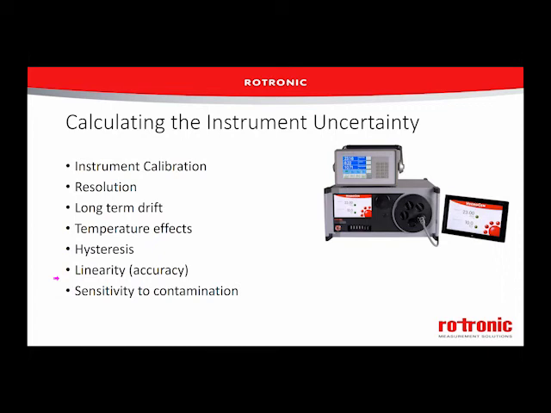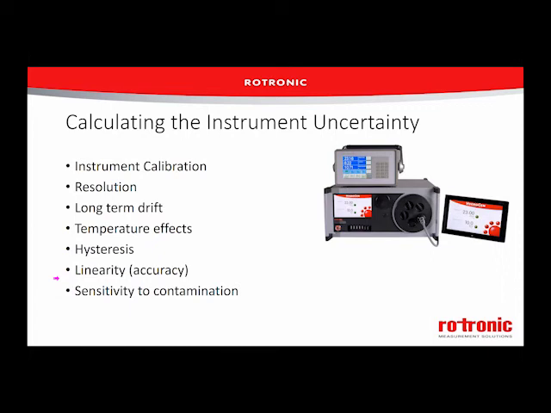Temperature effects, the electronics in an instrument may be sensitive to temperature, or perhaps a sensor is sensitive to temperature, and there might be a temperature component in our measurement. Potentially hysteresis, so if we're approaching a measurement point from below or above, we might get slightly different readings.